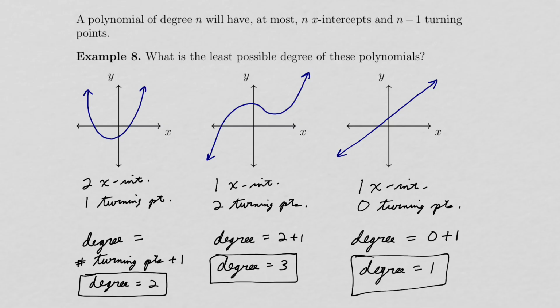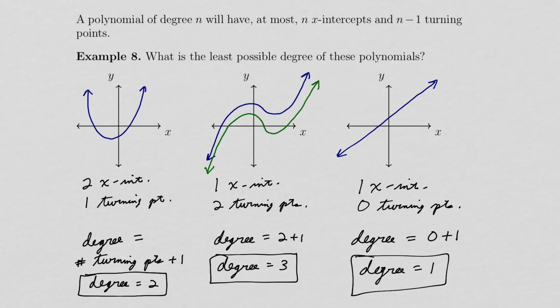So again, the reason why you can't go by the number of x-intercepts is this: like this middle function here, what if it was shifted down a little bit? And it did this. It's basically the same function, just shifted down.